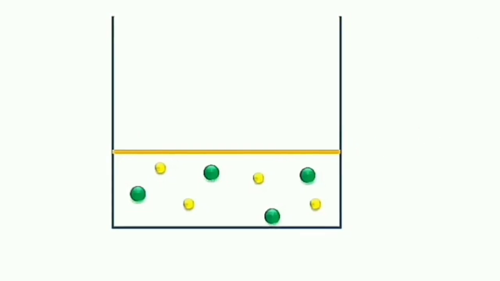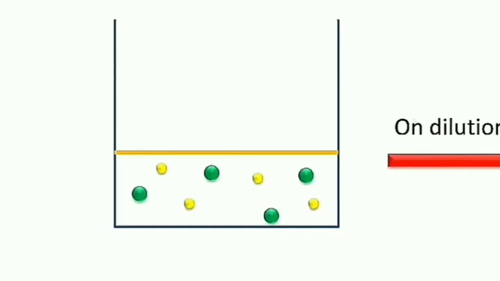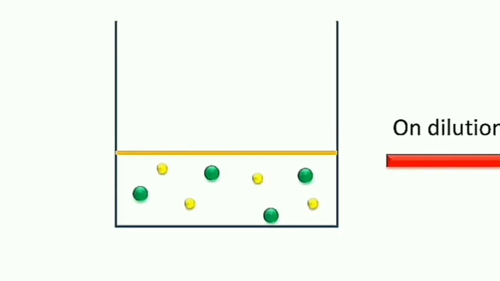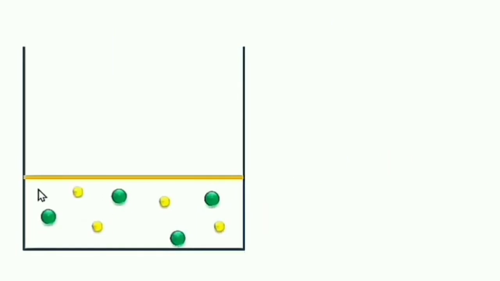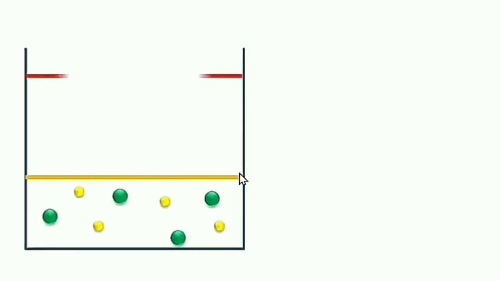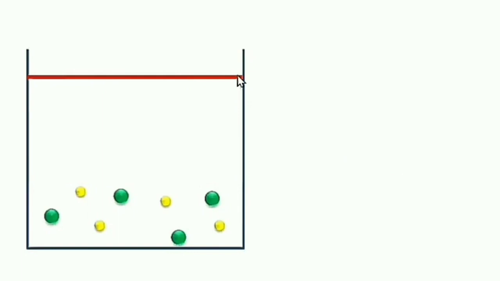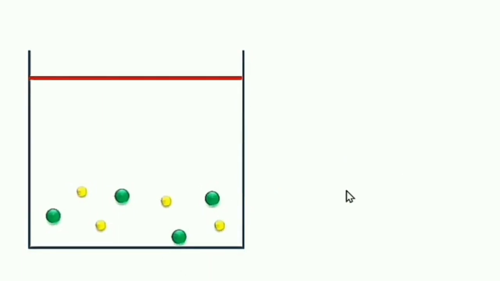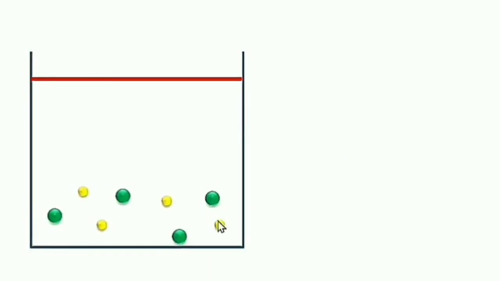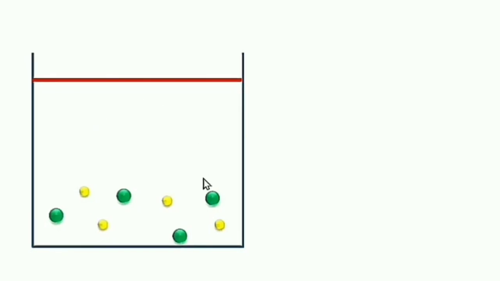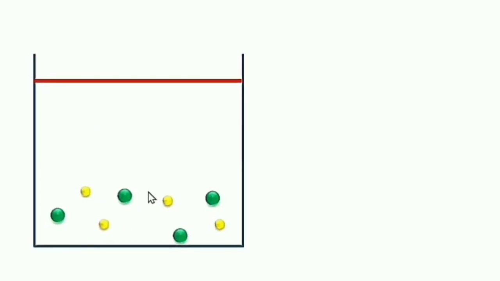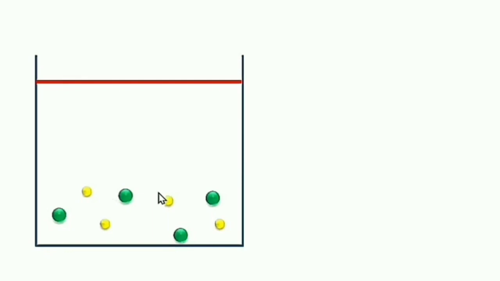Now I add some water to it, which means the solution is diluted. Then the level of solution changes. The volume of solution increases, but the number of ions remains the same. These ions can easily move in the solution because they are far apart from each other.